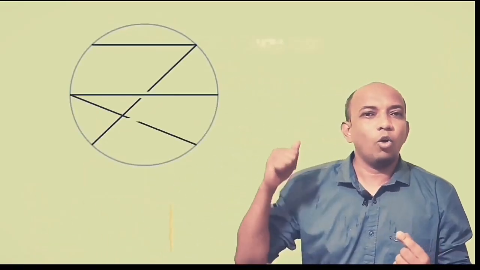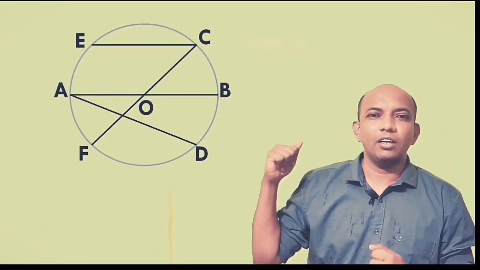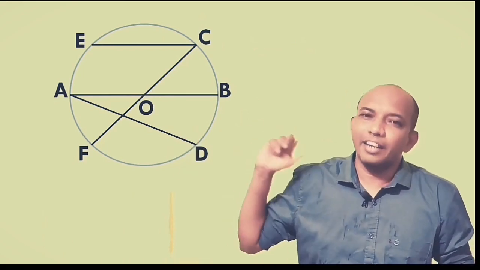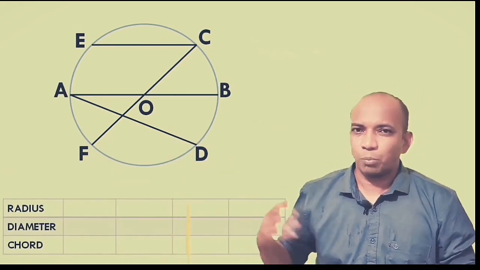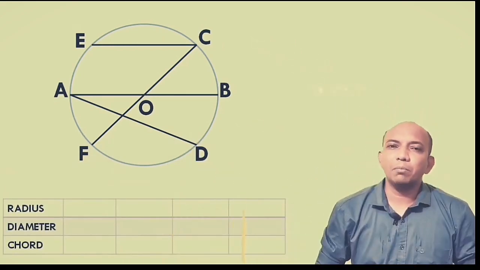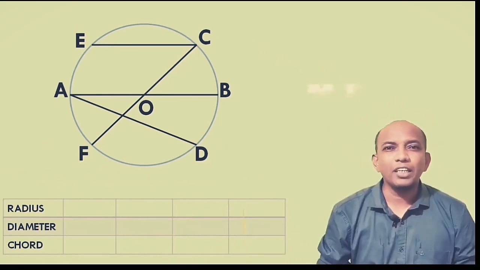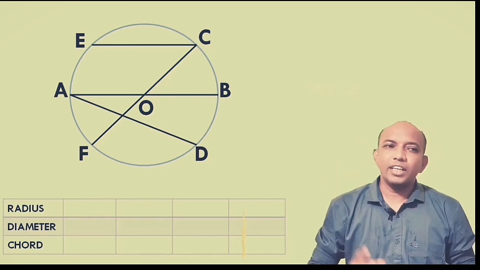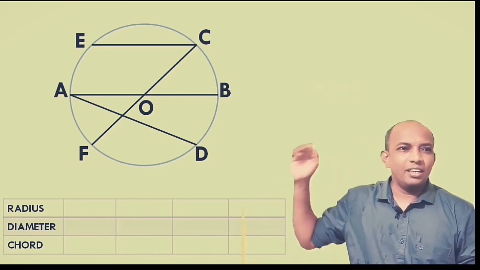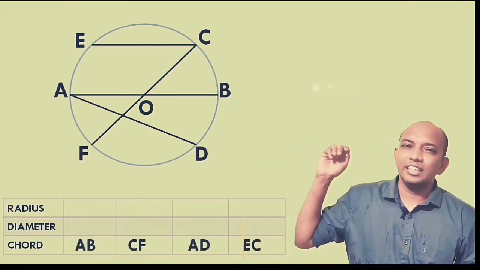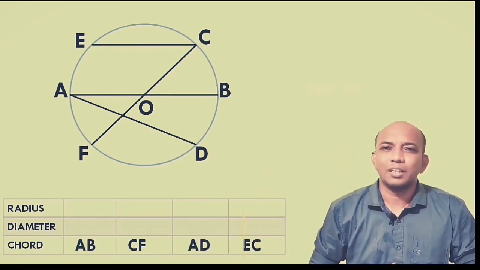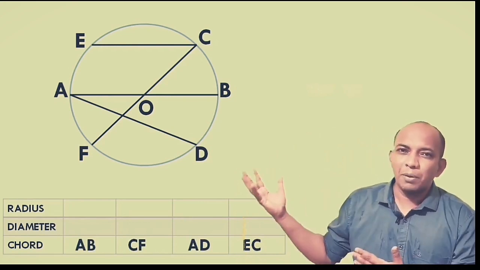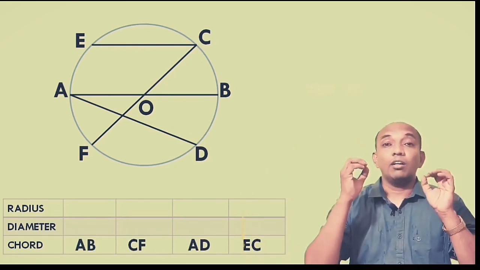Okay, now here is the circle on the screen. O is the center of that circle, and we have to identify radius, diameter and chord from this circle. Always keep it in mind, a segment joining any 2 points on the circle is called a chord. So accordingly we can say AB, CF, AD, EC, these all segments are nothing but chords present in that circle.